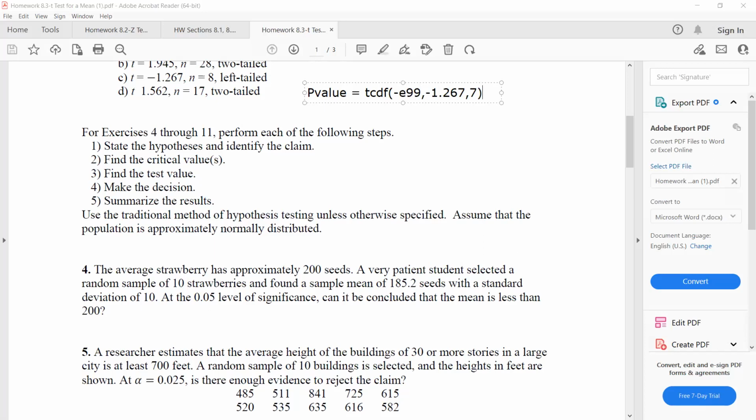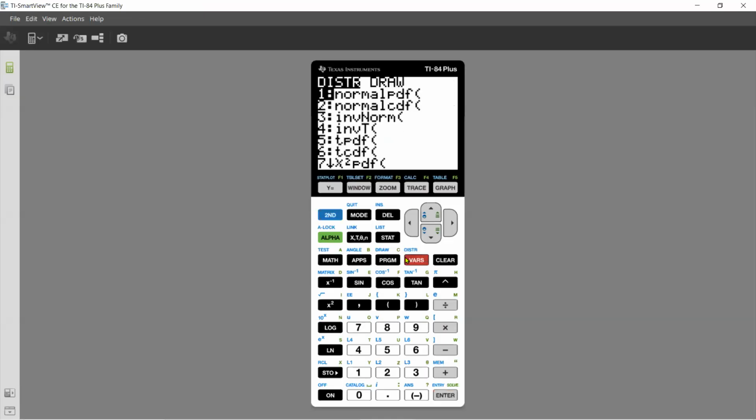Let's do it. So we have second distribution, TCDF, number 6, negative infinity to negative 1.267.